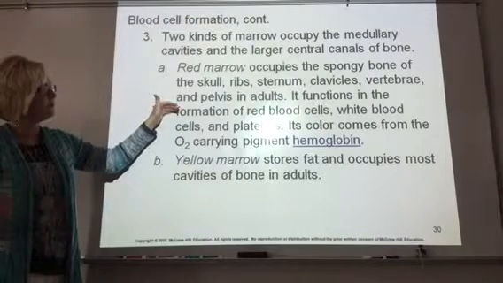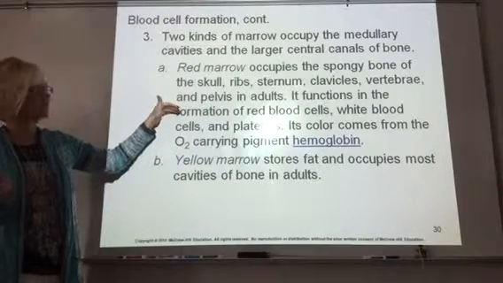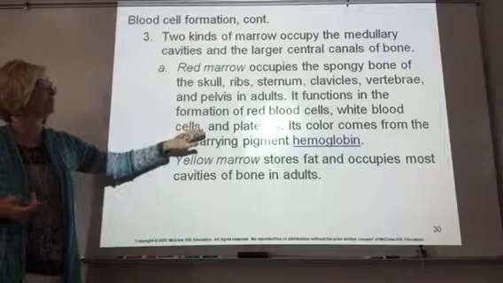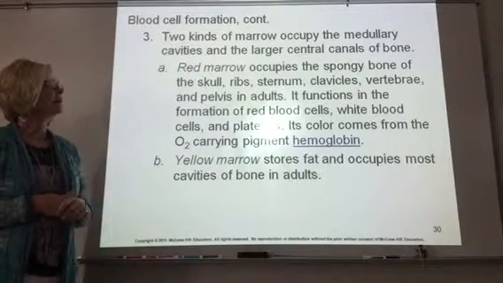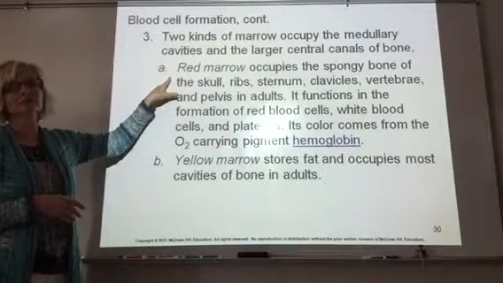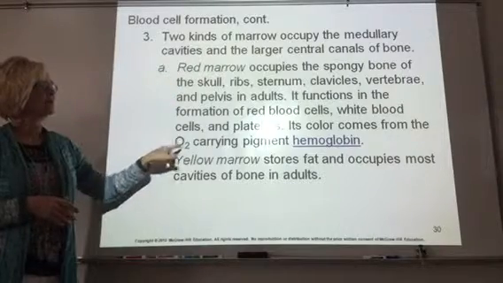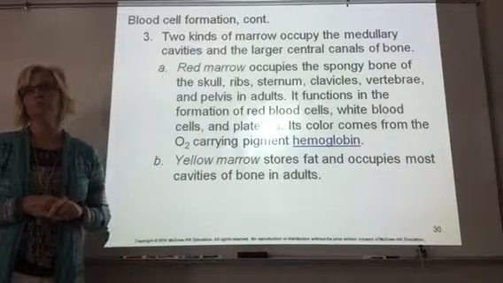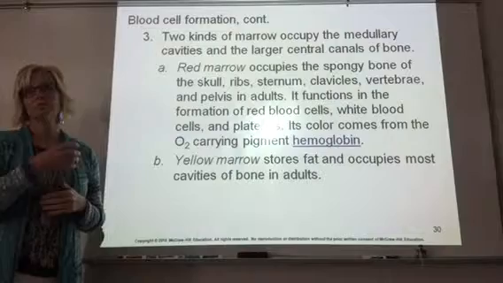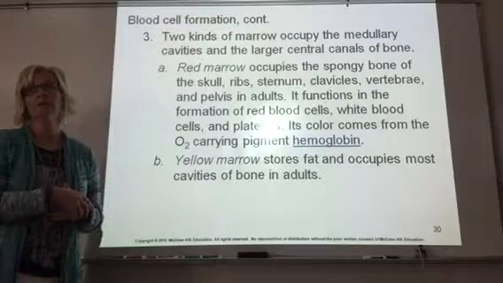Red marrow forms red blood cells, white blood cells, and platelets. The red color of red marrow comes from hemoglobin, and that's where your red blood comes from.